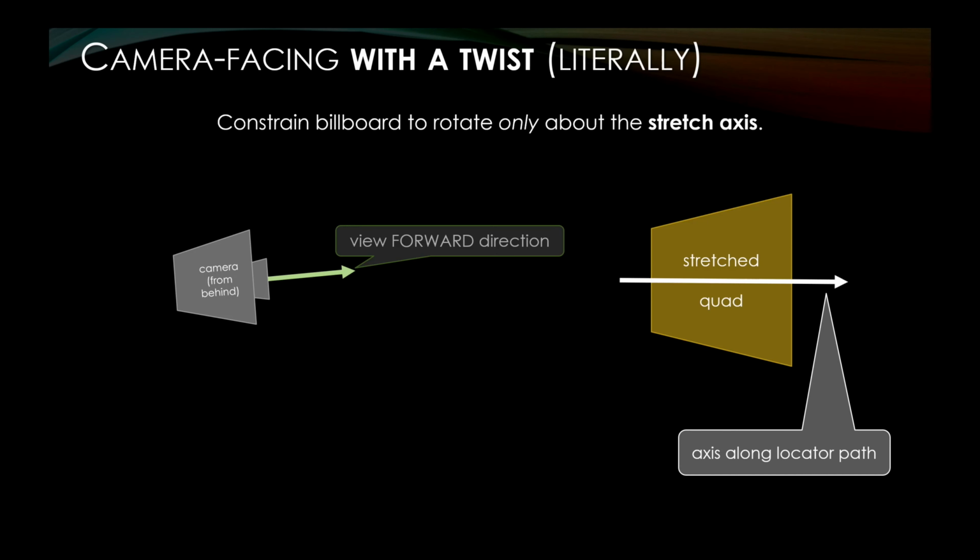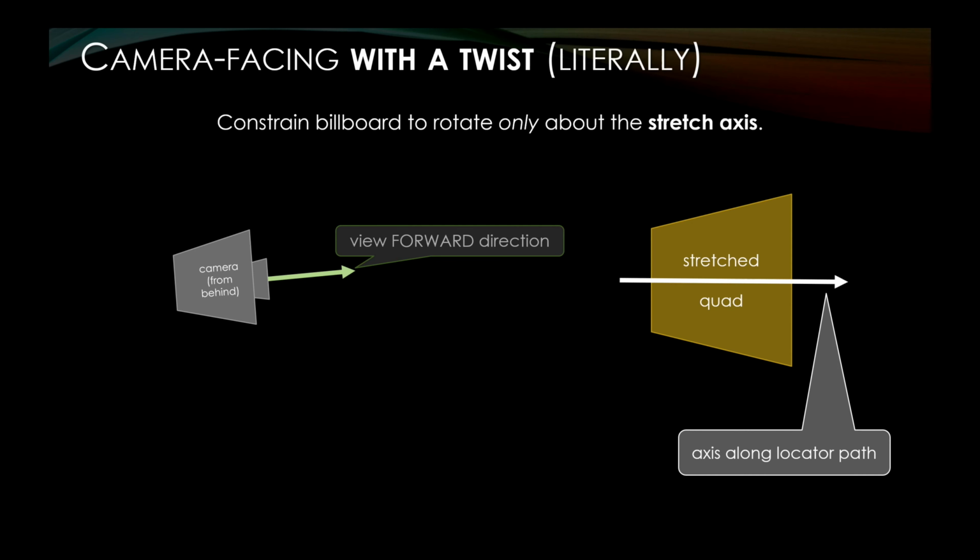So this diagram resembles the one that I showed earlier in this video, which is that you have a camera and you have a quadrilateral, and you try to have that quadrilateral face the camera as much as possible. But in this case, you want to stretch that quadrilateral along the path that the locator took.